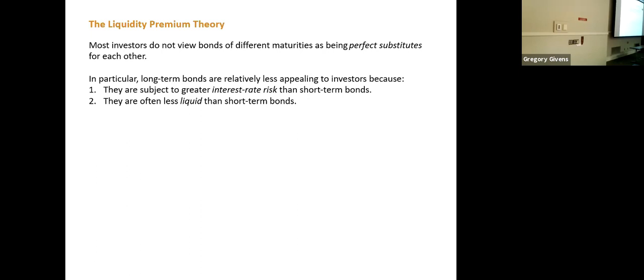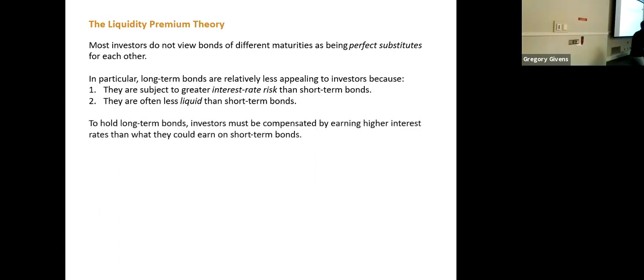Because of these two features, interest rate risk and liquidity differences, investors are going to prefer, all else equal, short-term bonds to long-term bonds. Now, with that said, it does not mean that an investor is going to be unwilling to purchase long-term bonds. They might perfectly be willing to purchase long-term bonds, but what are they going to have to be rewarded with?